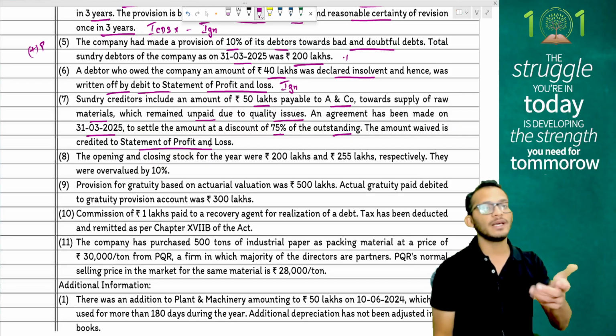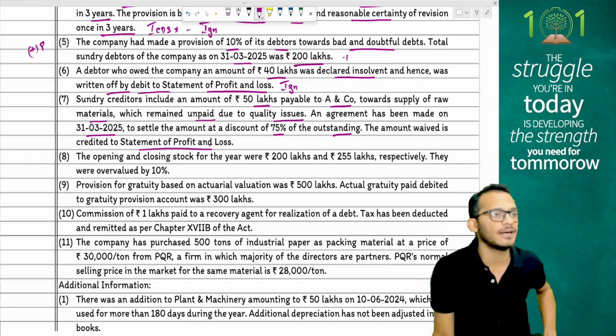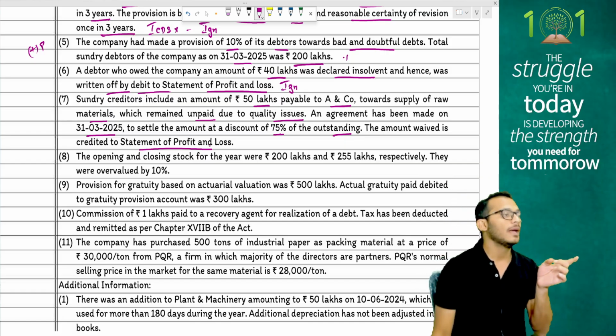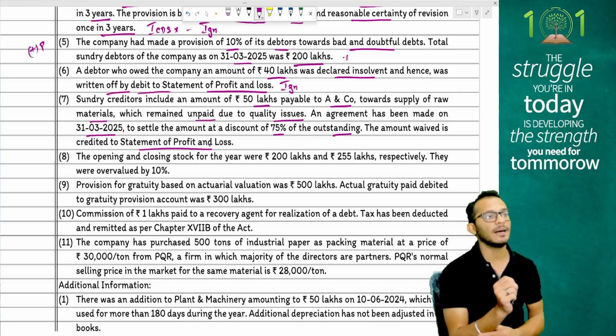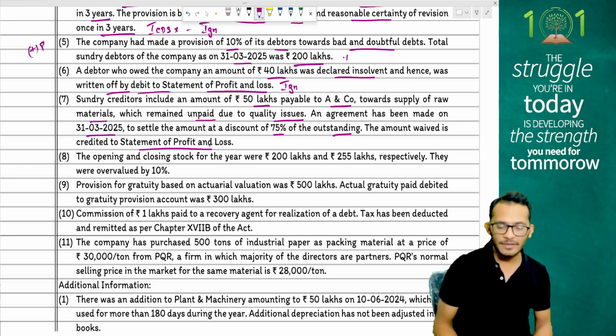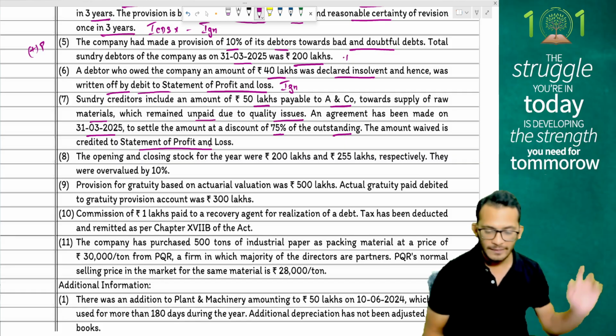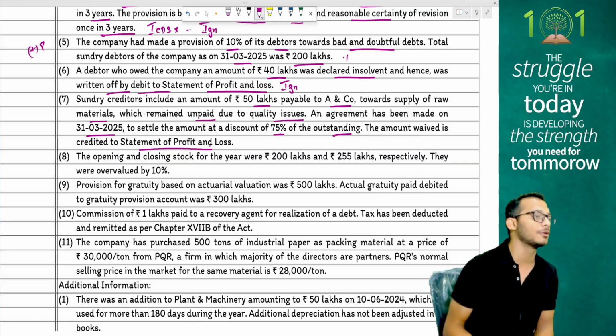I was supposed to make a payment, and for that payment I created a creditor. Obviously when you create a creditor, you would have passed the expense entry. That creditor was not paid. Now they're saying the amount which was unpaid, in that I will only pay 75%. In that I have decided to give a discount of 75%. Balance 25 alone is what I'm going to pay.